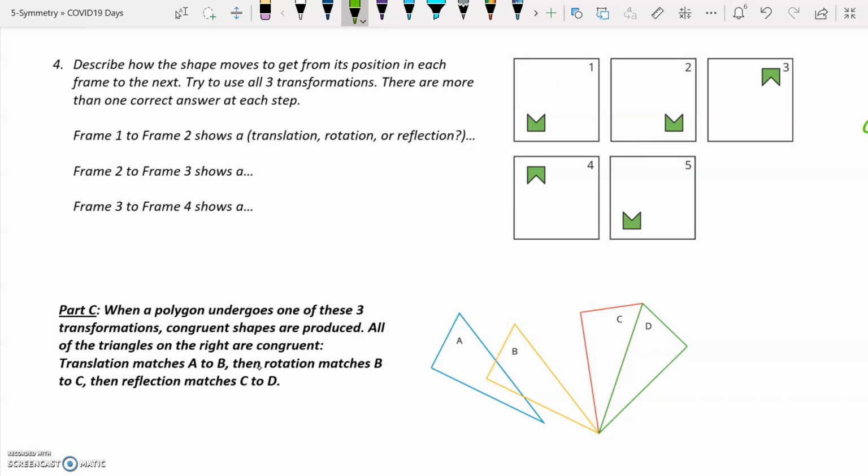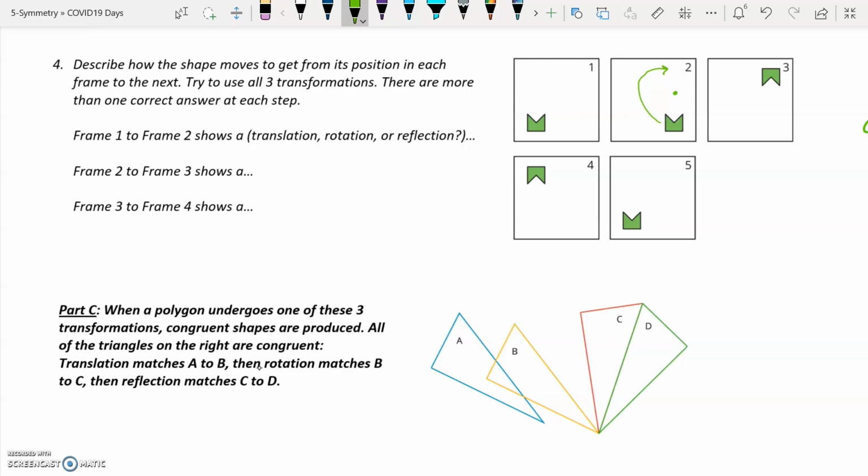Now going from card 2 to 3, this one also has two possibilities. One of them could be a rotation. If you were to take that shape and swing it clockwise or counterclockwise and spin it around, it would end up there. It would be upside down, just like it's shown in card 3.